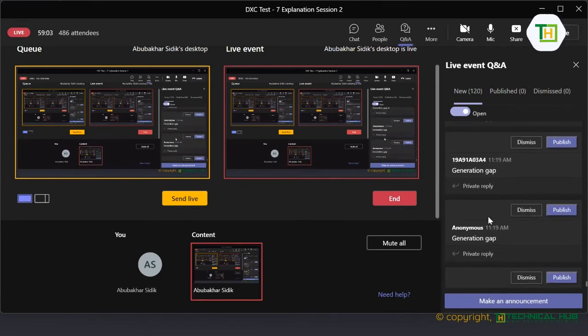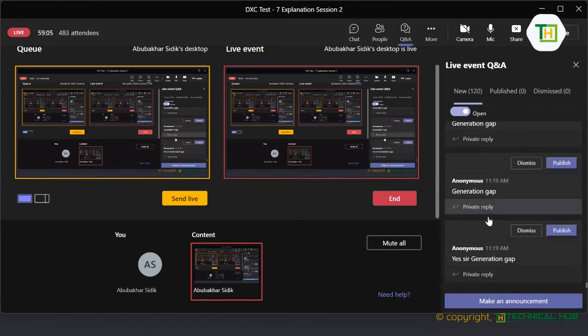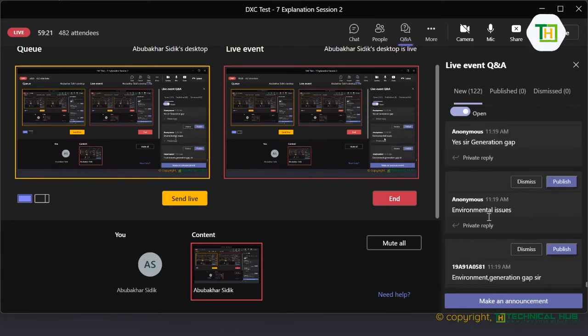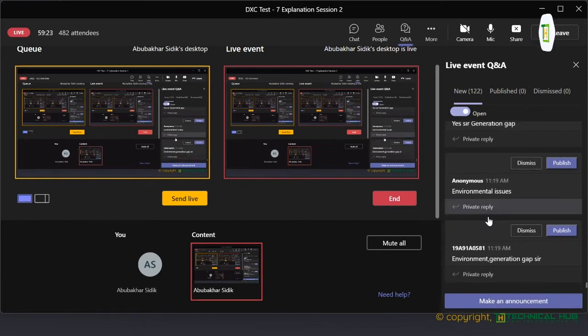Generation gap, generation gap. Okay. Then, what is your experience while writing an essay or typing an essay? Environmental issues and generation gap. Very good. Okay. Only a few members responded. What about the remaining people?